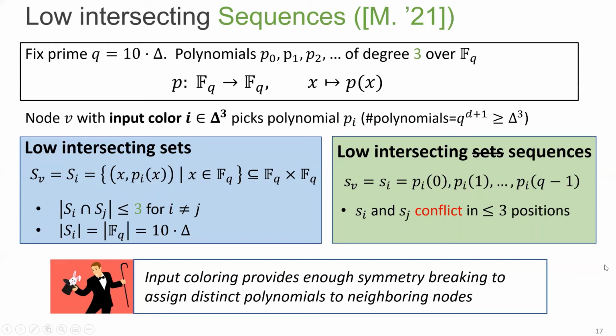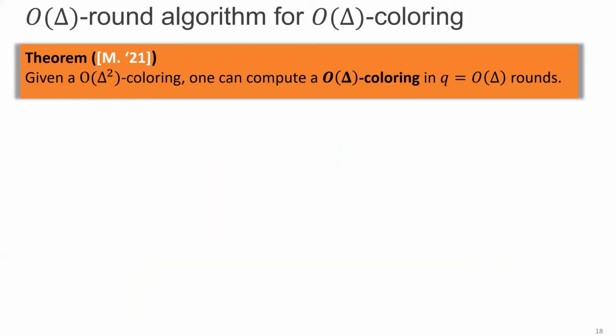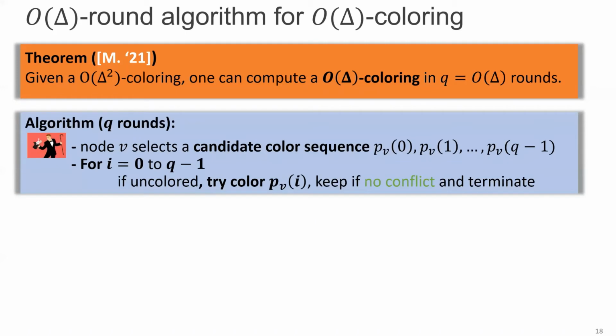With these sequences, we now come up with a very simple algorithm, which computes an order of delta coloring. It computes an F_q coloring in q rounds, linear in delta. The algorithm is just as follows. Without communication, as we have just seen, each node computes such a candidate color sequence.